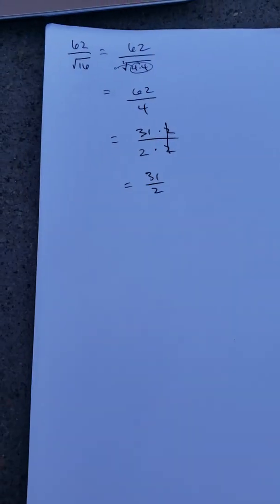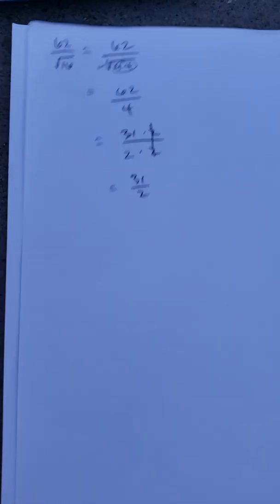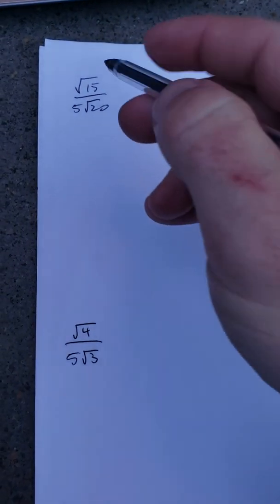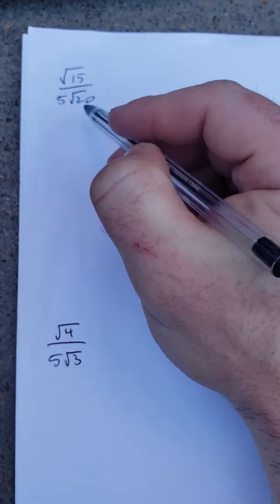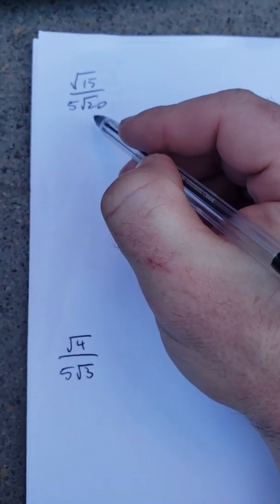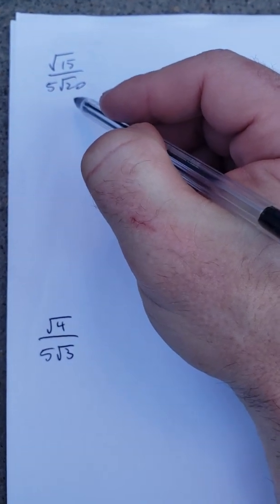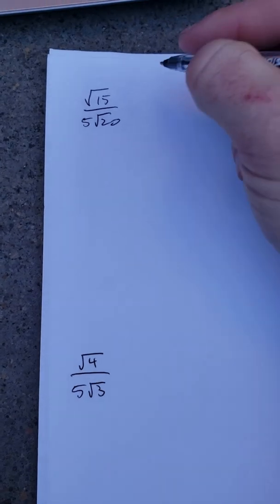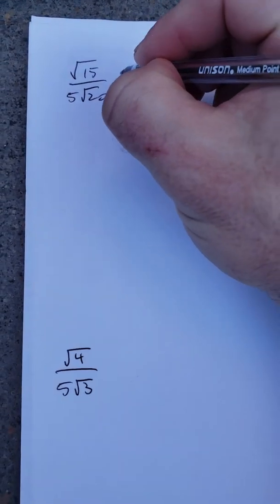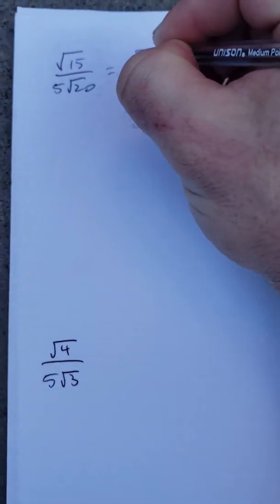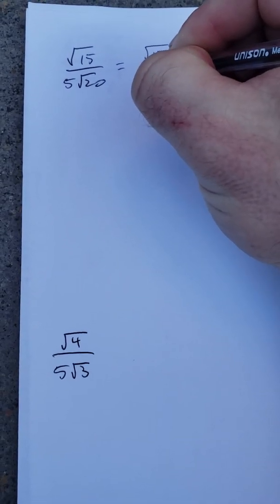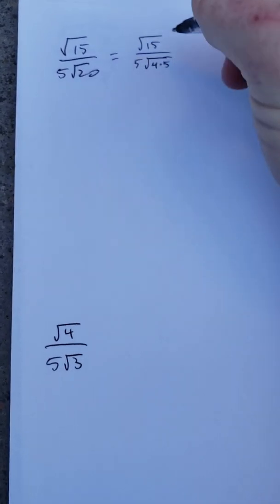All right. So let's keep on going here. Yeah, it's going to get a little bit more difficult, but we'll get there. So again, we need to rationalize the denominator. And this time, well, it's not so easy. Like, we can't just see 20 here and be like, well, that's 4 times 5. No, I can't really do anything with that. So there's a couple things we can do. And I like low numbers, so we're going to keep it with low numbers. I got square root of 15 here, 5 root, and this is 4 times 5.